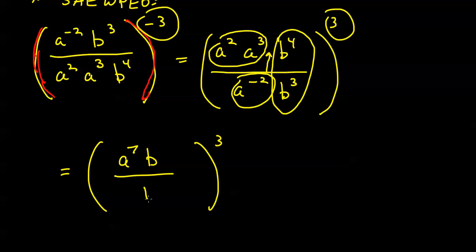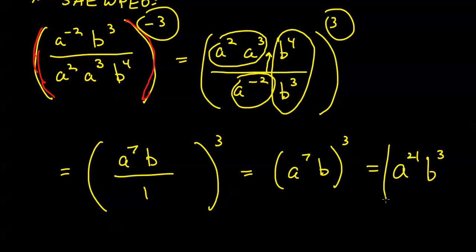And when you cancel everything out in your denominator, a redundant divisor of 1 appears. Of course, I'm not going to show a divisor of 1 in my final answer. And now this turns into one of the easier problems earlier today. A to the 7th cubed is a to the 21st power times b cubed is just b cubed. So there's my final return, completely simplified with positive exponents only.